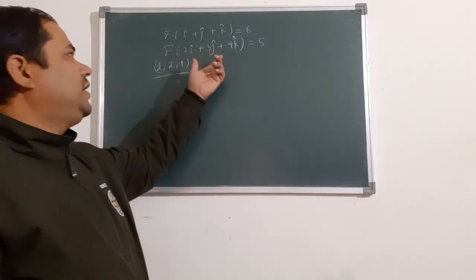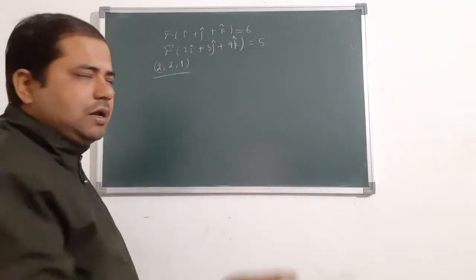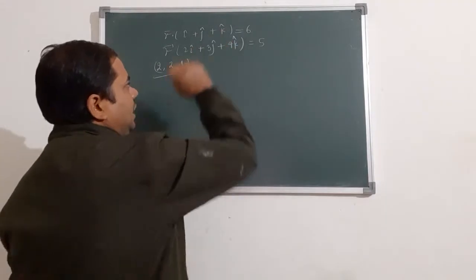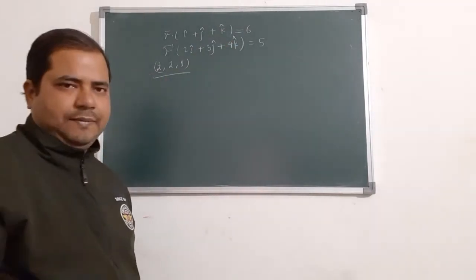We need to find the equation of the plane which passes through the point of intersection of these two planes, and also through the point (2, 2, 1).